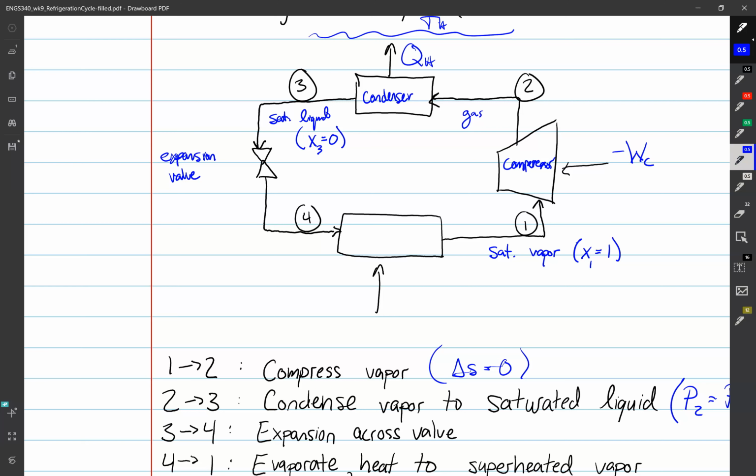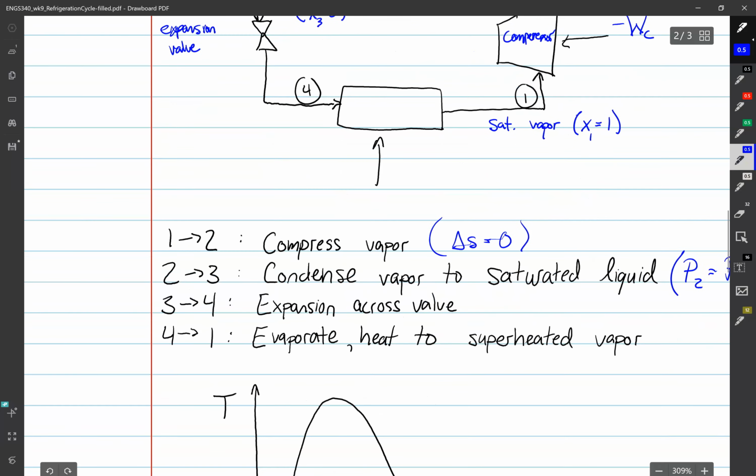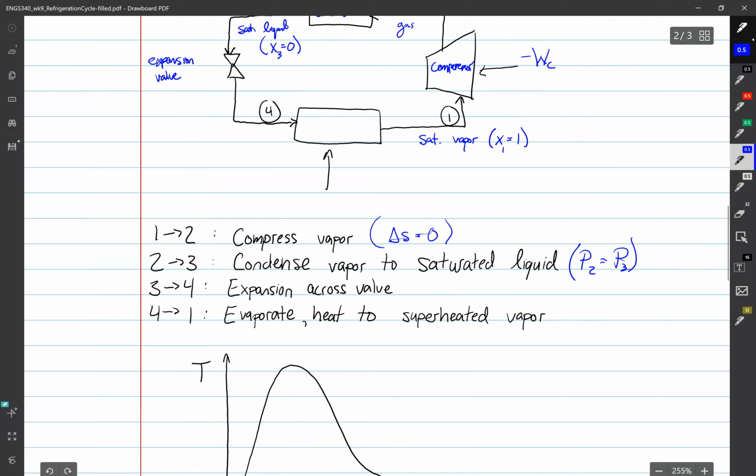Practically, refrigeration cycles don't use turbines just because there's so little power that would be gained from them. So in reality, we use expansion valves. So this process from 3 to 4 is not a delta S equals 0 process because it's not a turbine. It is an expansion valve, so we're simply lowering the pressure. We're not capturing any of the thermal energy.